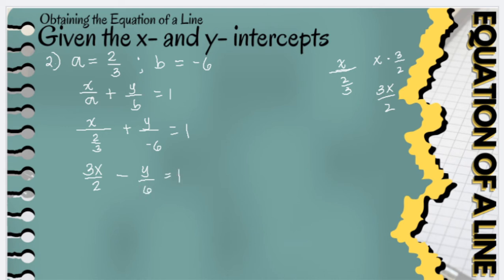And then, to remove the denominator, we're going to find the LCD of 2 and 6. So, LCD of 2 and 6 is 6. Diba? Kasi yung 6, pwede siyang ma-divide ng 2. Yung 6, pwedeng ma-divide ng 6. Okay, now, 6 times 3 is 18, divided by 2 is 9.